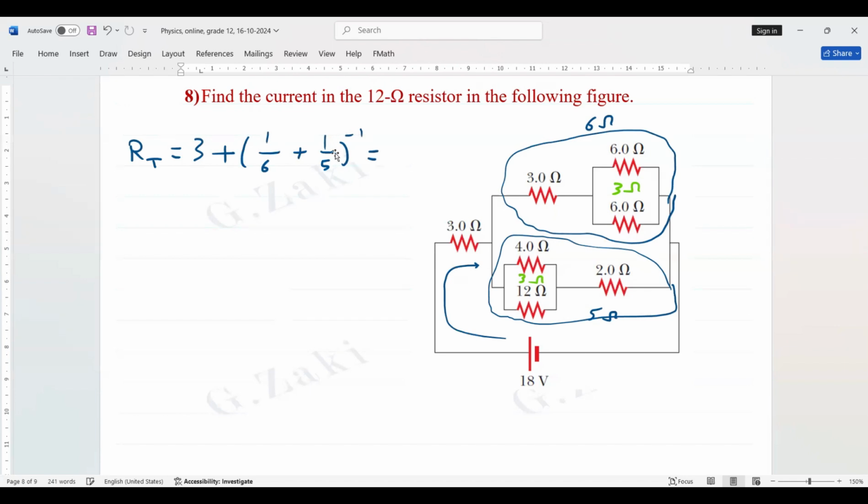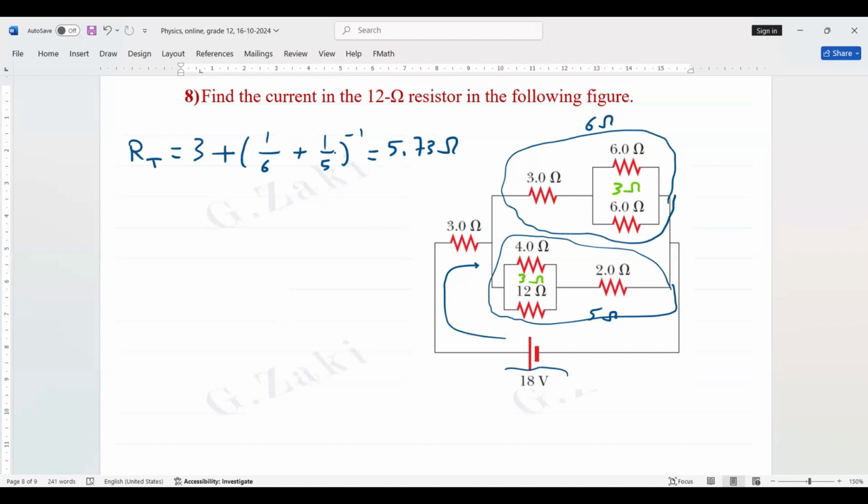Now we calculate the answer. So 3 plus (1/6 + 1/5)^-1. The answer is 63 over 11. To 2 decimal places, it will be 5.73 ohms.